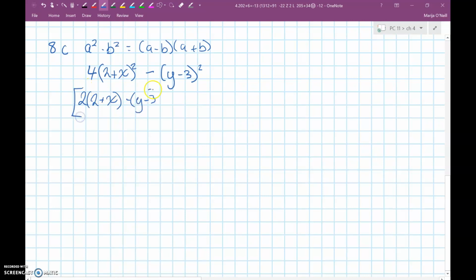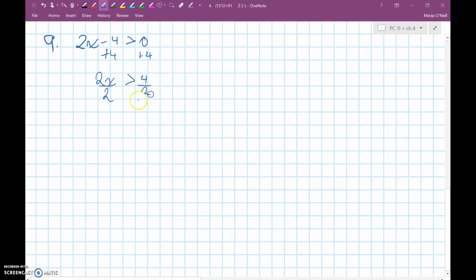I put brackets around that because I'm going to multiply by the same thing again, except I'm going to make it positive, so it's 2 times 2 plus x plus, instead of minus, y minus 3. And that's fully factored.